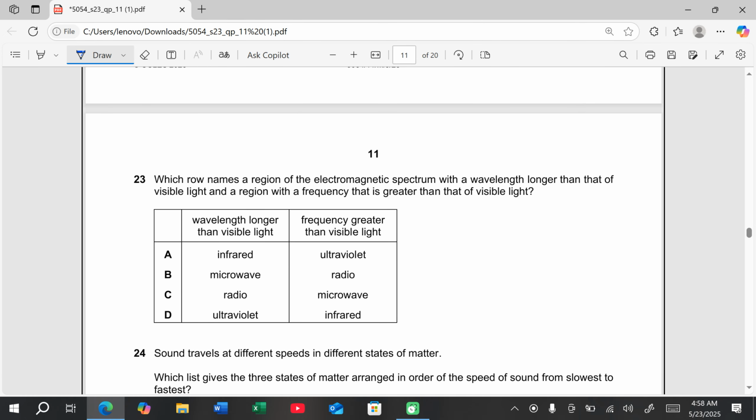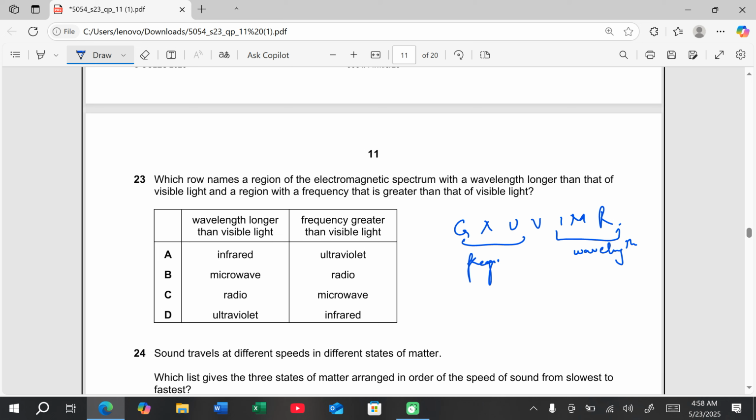Which row names a region of the electromagnetic spectrum with a wavelength longer than that of visible light and a region with a frequency that is greater than that of visible light, right? So the wavelength longer than visible light is going to be the region, because we have a VXU, GXU. This region is wavelength greater and this region is frequency greater.